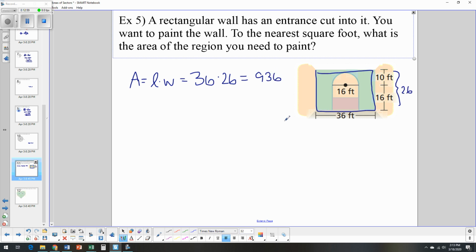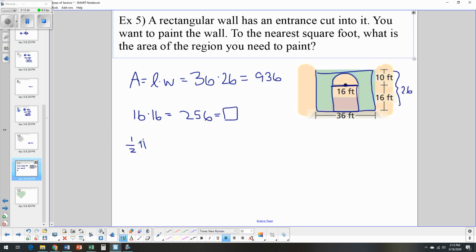But now I need to take away the parts that are not being painted. So I know that one of the parts that's not being painted is this square here. And I know it's a square because it's 16 long here and 16 long here. So that one, 16 by 16, 256 is my square. And then this portion up here is a semicircle. It's half of a circle, which means I can find its area by taking half the area of a circle.